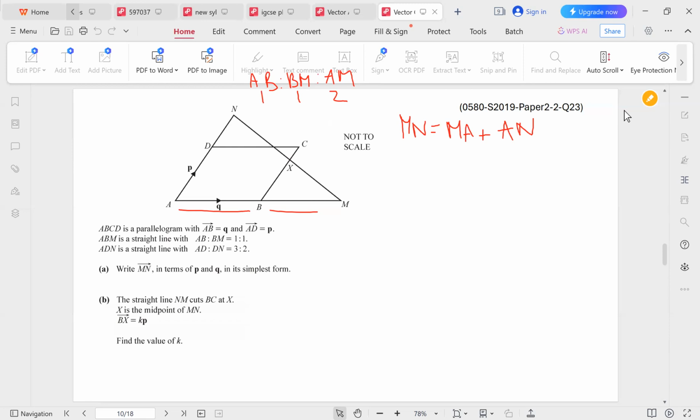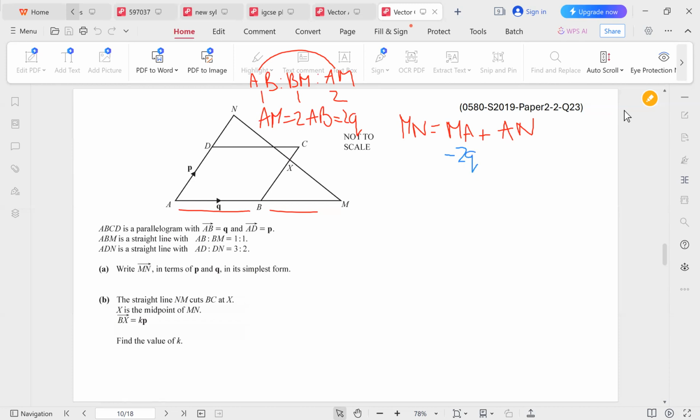We already have AB, so let's link these together. We can say that AM equals 2 times AB. So AM equals 2 times Q. So now that we have AM, we can figure out MA quite easily. MA is going to be negative 2 times Q.